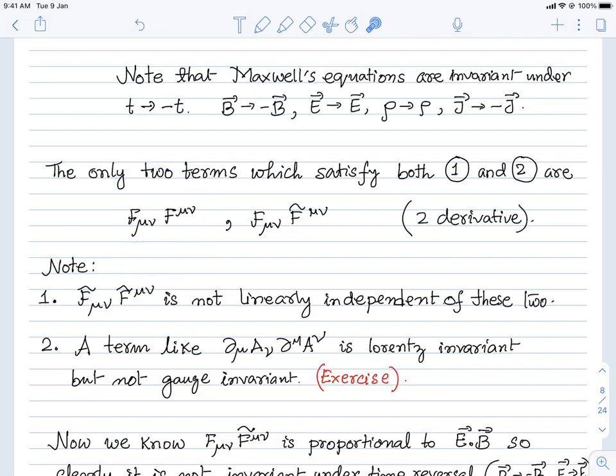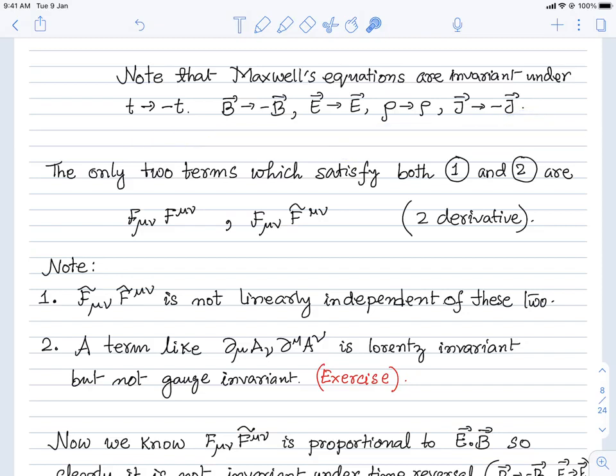Essentially, this is just a comment. The time reversal invariance, this term not being time reversal invariant, can be traced back to the epsilon tensor, which is present in the definition of the dual field strength. So that is the reason why this thing is not invariant. You don't have to look into this kind of transformation at all.